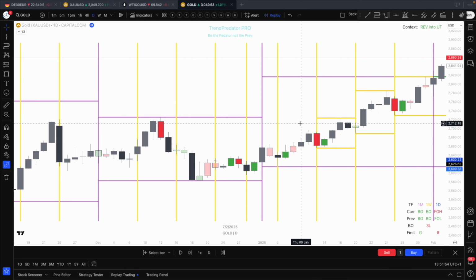So you see here TrendPredator shows you the switch candles, and this is interesting. Switch candle means that you have a confirmed day 1 3-day cycle typically.